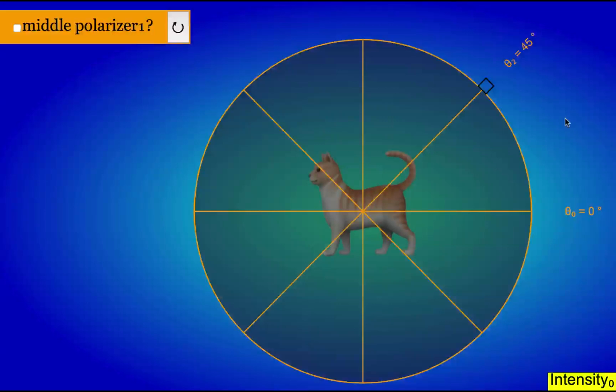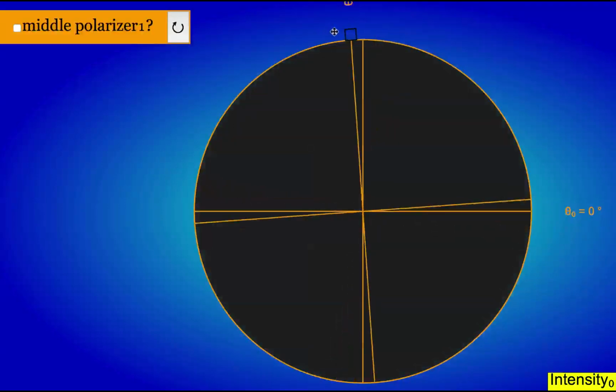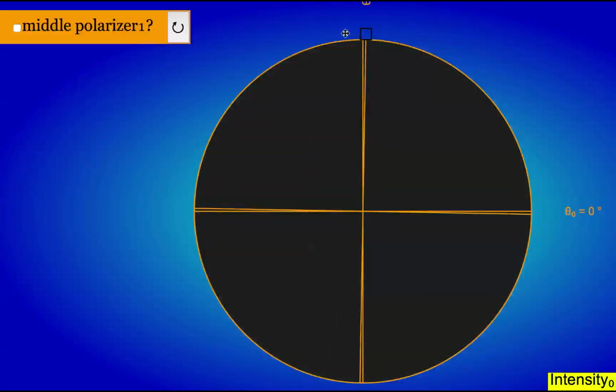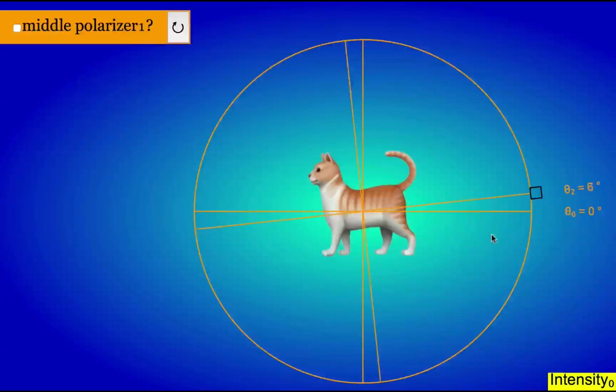And so 1 over square root 2 of the intensity of the electric field is getting through, which means that half the power is getting through only. So if I move it all the way here, I get 0 power that is coming through. The electromagnetic wave that is reaching you carries 0 power. And if I move it all the way here to theta equal to 0, back again, then you're getting all the power that is in the electromagnetic wave.